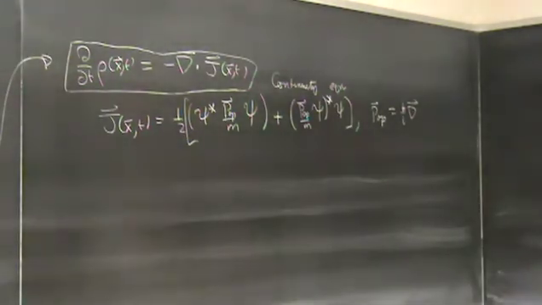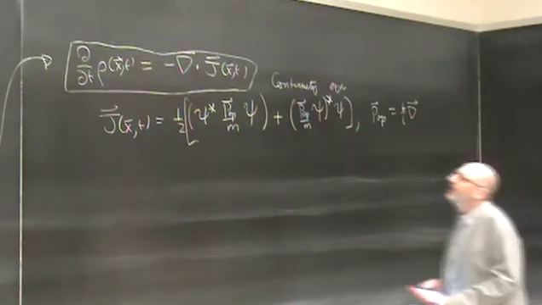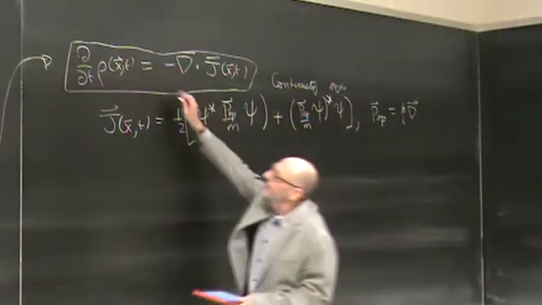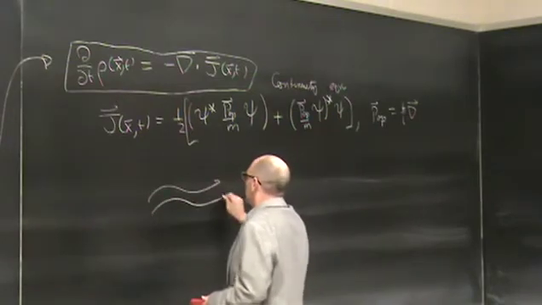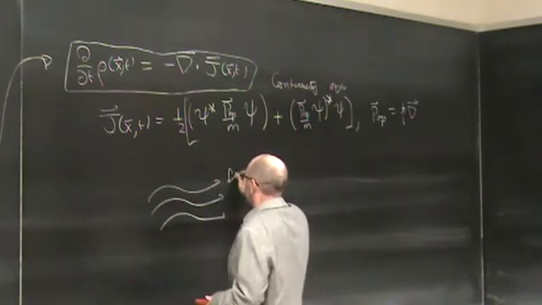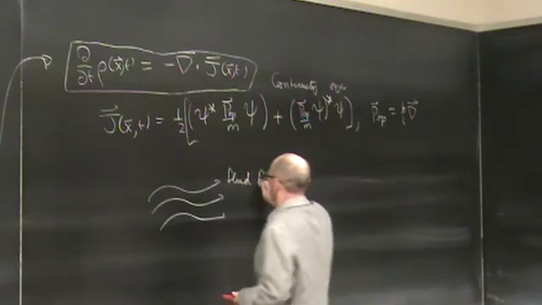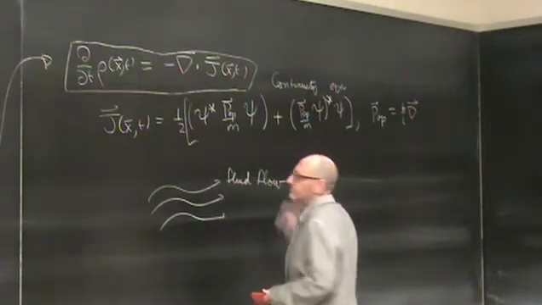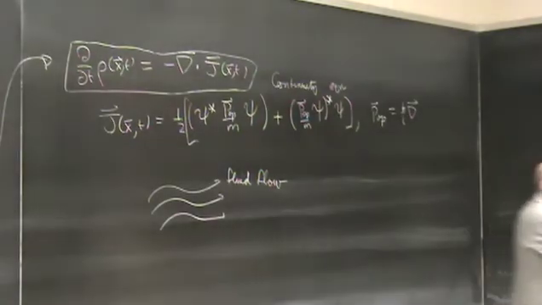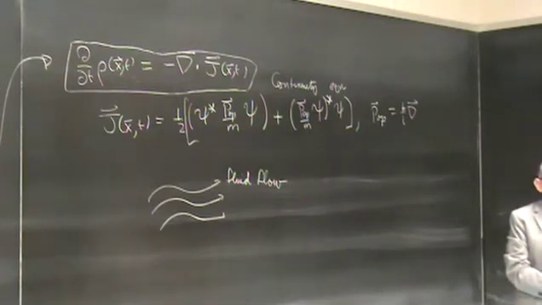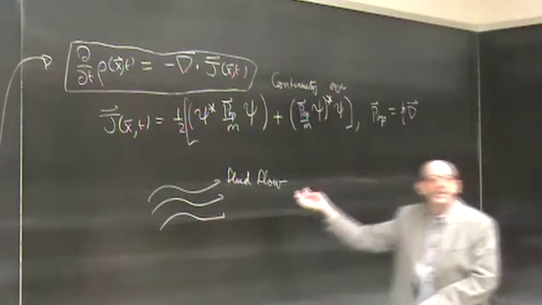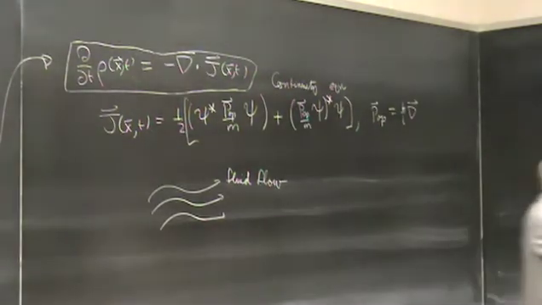The continuity equation is a picture in which I think about some kind of fluid flow. And what it tells me is that the total amount of fluid, the total amount of the stuff that makes up the fluid, is conserved.